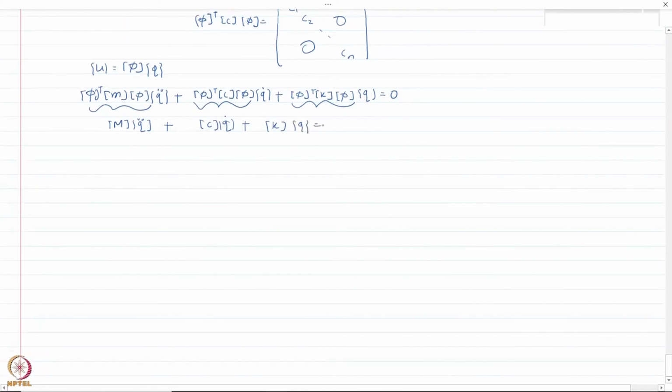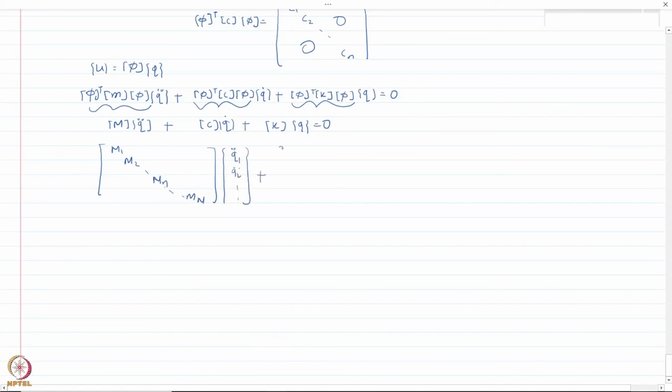Q vector here. Remember all these expressions are in terms of m1, m2 and so on, let us say mn here, like this, and then q1, q2 and so on.